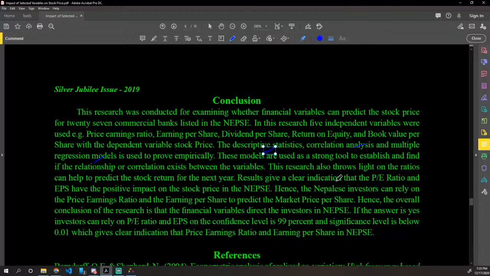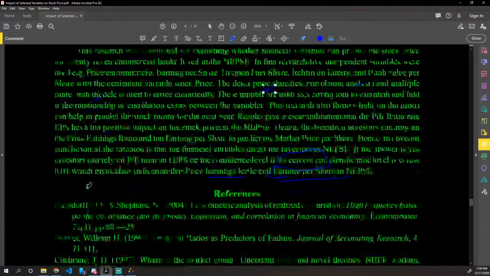Results gave a clear indication that the P/E ratio and EPS have a positive impact on stock price in NEPSE. Hence, the Nepalese investor can rely on EPS and the price to earning ratio to predict the market price per share. The overall conclusion of this research is that financial variables direct the investors in NEPSE, and investors can rely on P/E and EPS at a confidence level of 99% and a significance level below 0.01, which is a clear indication that price to earning ratio and EPS matter in NEPSE.